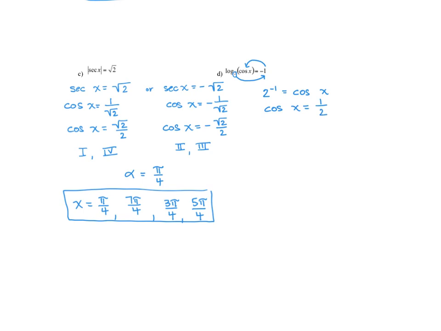Well, when is the cosine positive? That's in quadrant 1 and quadrant 4. When is it equal to 1/2? That's at an alpha of pi over 3. So in the first quadrant, x will equal pi over 3. And in the fourth quadrant, that will be 5 pi over 3.